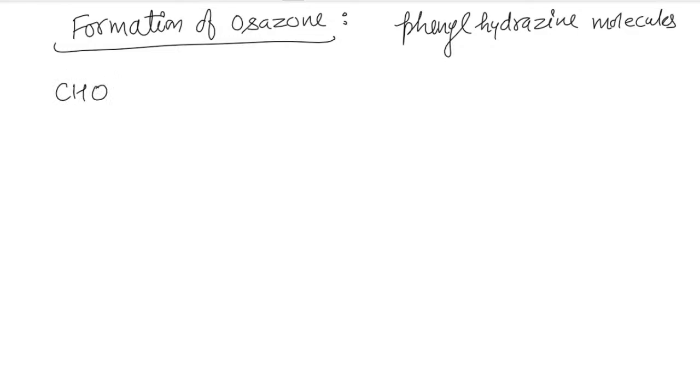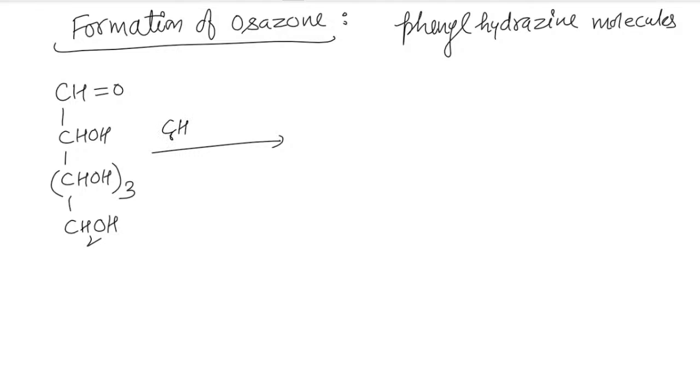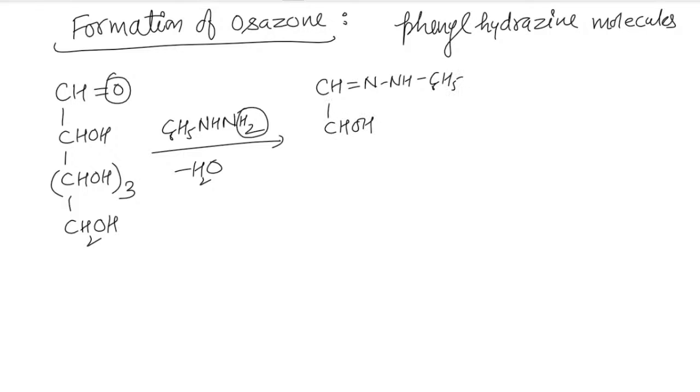See, we have a structure like this. So first of all, phenylhydrazine. When phenylhydrazine reacts, the O of CHO and H2 of phenylhydrazine will be removed and we get this molecule.